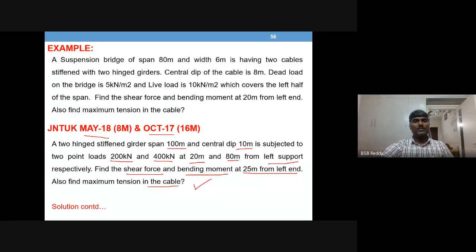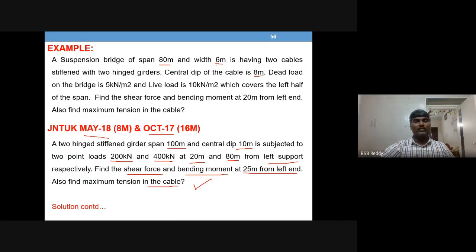So practice this problem. I have given an example problem: a suspension bridge of span 80 and width 6 meters is having two cables stiffened with two hinged girders. Central dip is 8 meters. So the full bridge details are given.